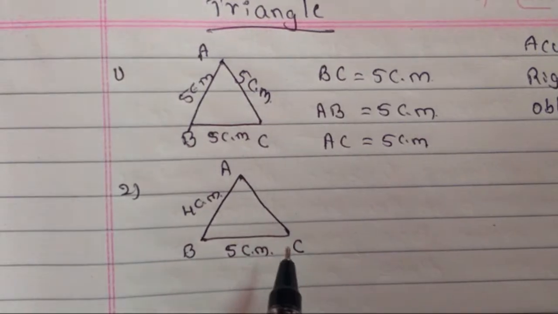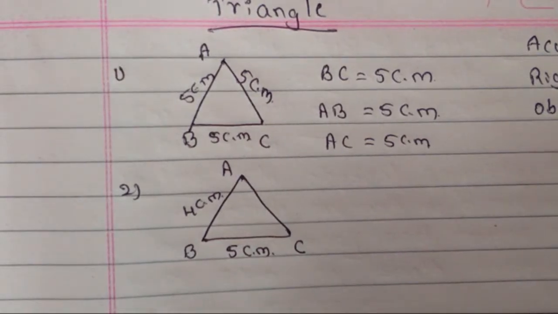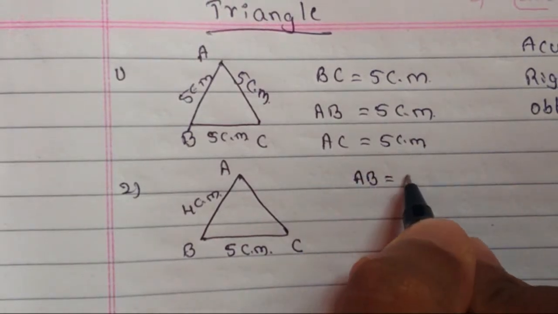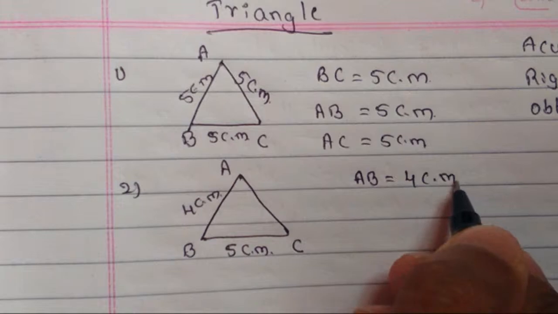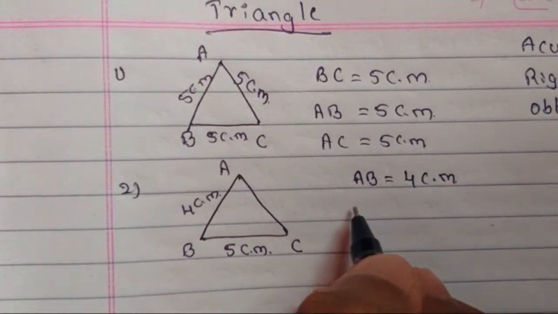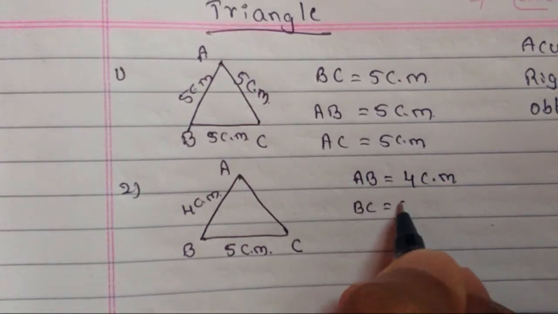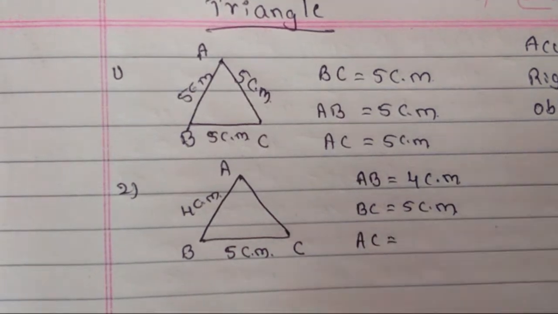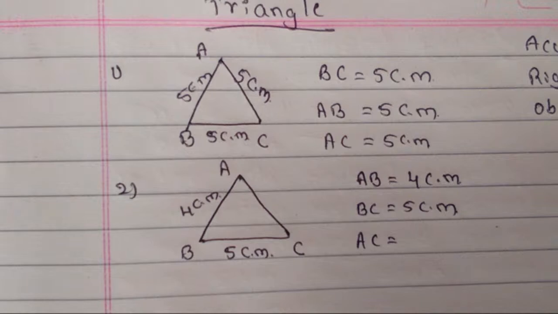Now comment, AC equals how much? I am telling you that ABC is an isosceles triangle.